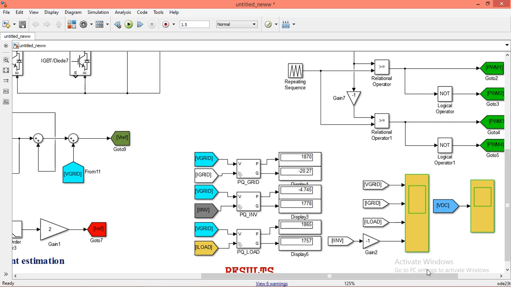So we have completed the simulation. As you see, the reactive power taken from the grid is nearly zero, and only active power is taken. And the load takes a reactive power of 1757, nearly the same value is supplied by the inverter, not taken from the grid. Now I will show the waveforms. This is the VDC.